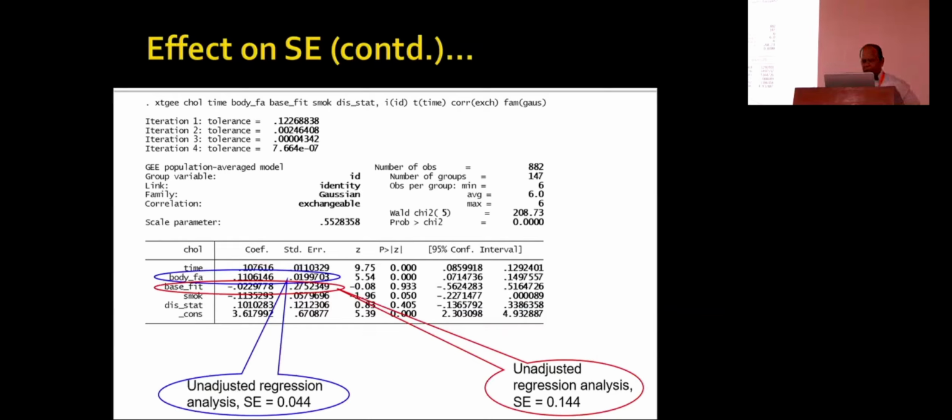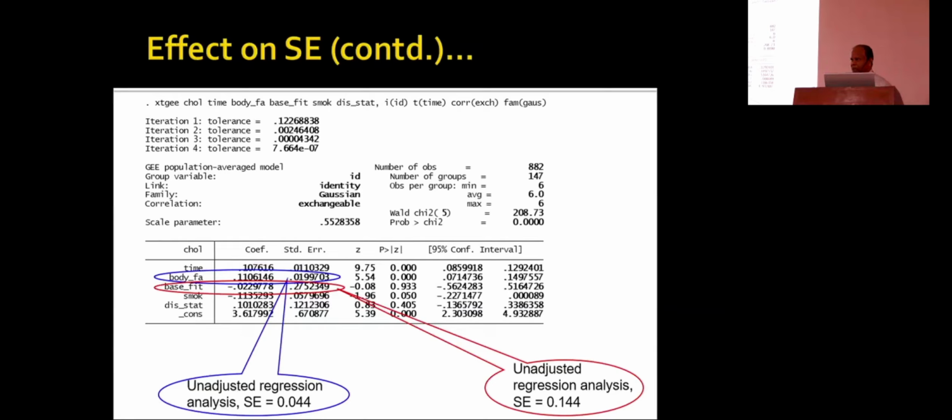But you see here, body fat was measured over a period of time. The unadjusted regression value is how much? 0.04. Adjusted is how much? 0.01. So it decreases. Is that right? So today, as against the morning discussion, we are saying that the adjusted analysis will give you a smaller standard error and gives you many significant results.